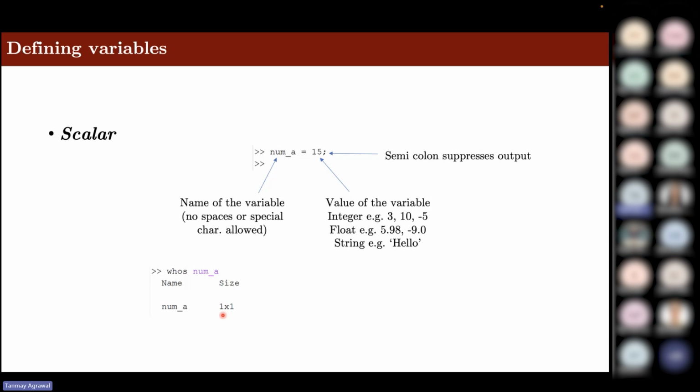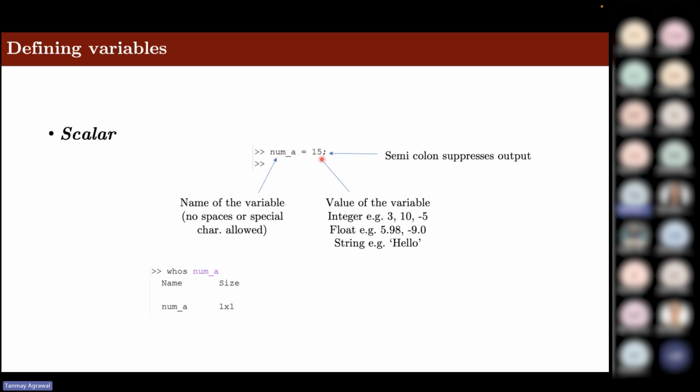So MATLAB would tell you that it is a variable that has a size of 1 by 1. There's a very interesting thing about MATLAB, that it likes to deal in matrices. I think the word MATLAB is basically combining the words matrix and laboratory. So MATLAB is basically representative of a lot of matrices talking to each other.